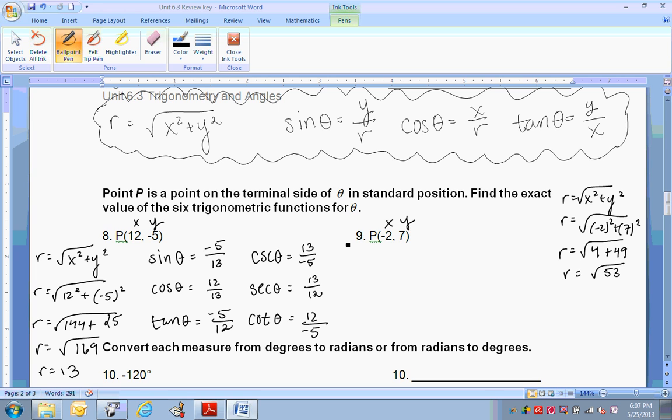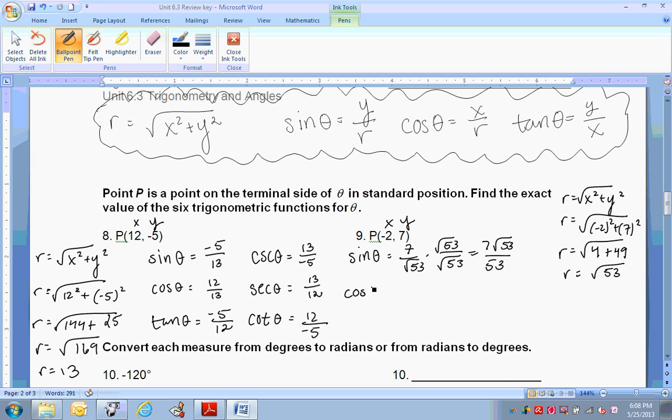So let's go ahead and find sine of theta, which remember is y over r, I'm sorry. So 7 over the square root of 53. We can't have that, though, because we can't have a square root on the bottom. So we multiply the top and the bottom by the square root of 53. And when we do that, we end up with 7 times the square root of 53 over 53.